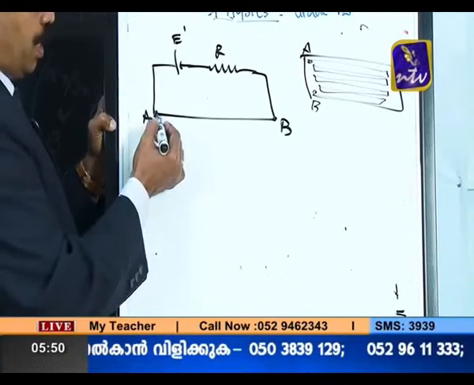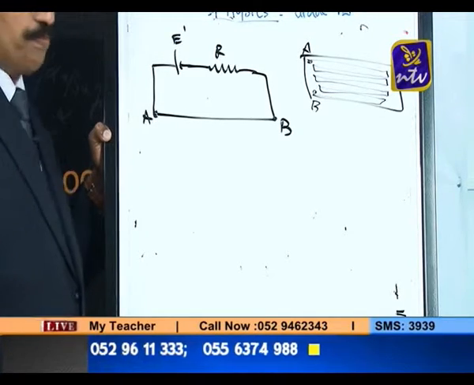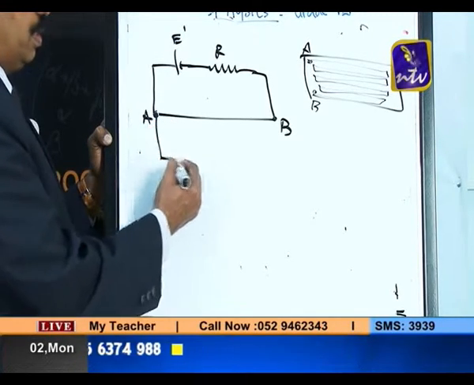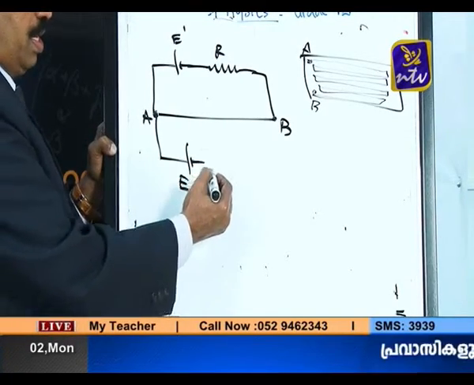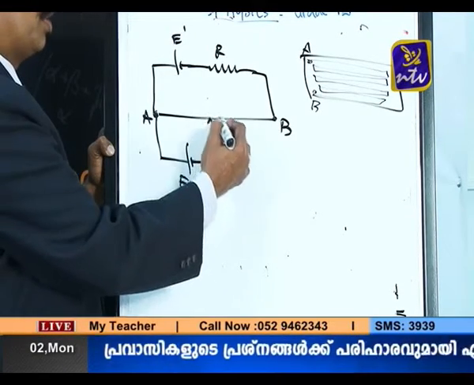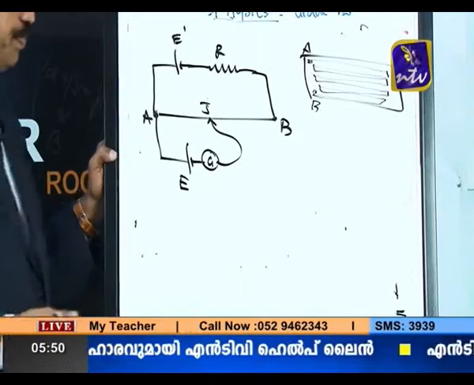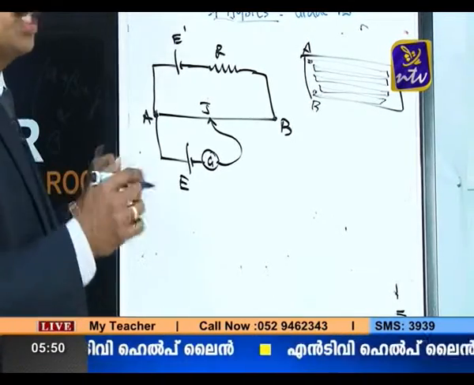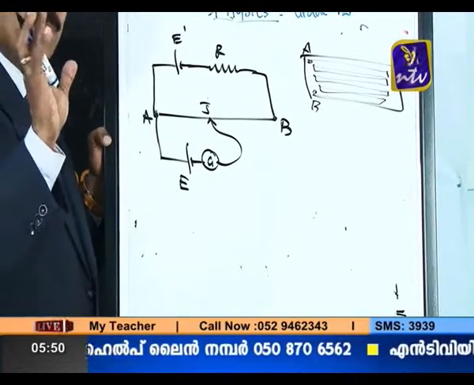Okay, so a potentiometer circuit has two segments, the primary circuit and the secondary circuit. Here is another cell of EMF E, which you may connect to a galvanometer, and the other end of the galvanometer you connect to a jockey, which can be moved along the wire AB. So this is the basic picture to understand carefully, in simple terms.